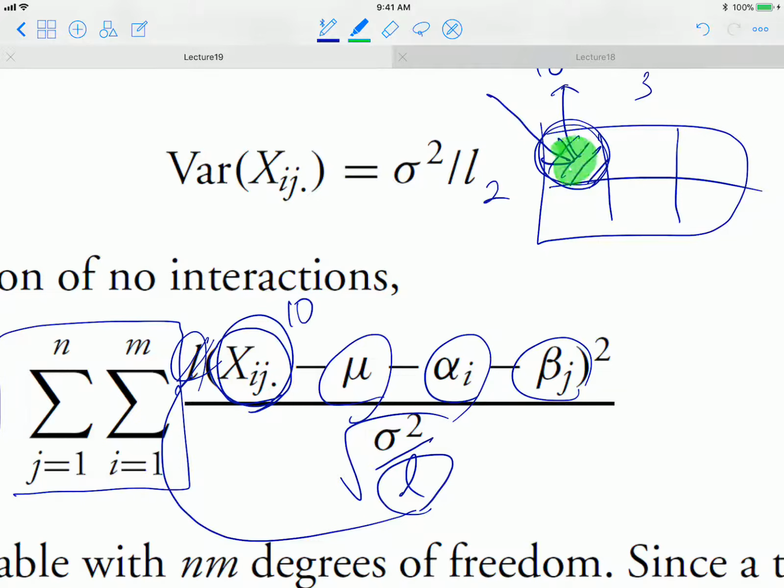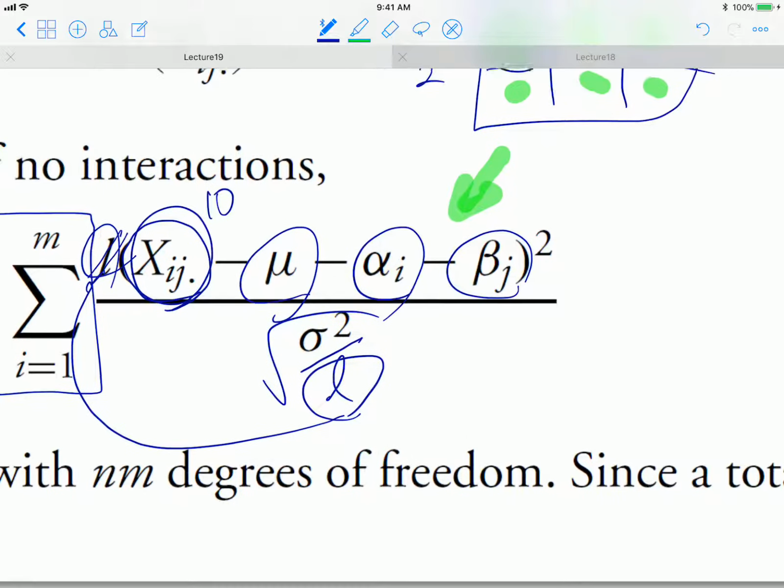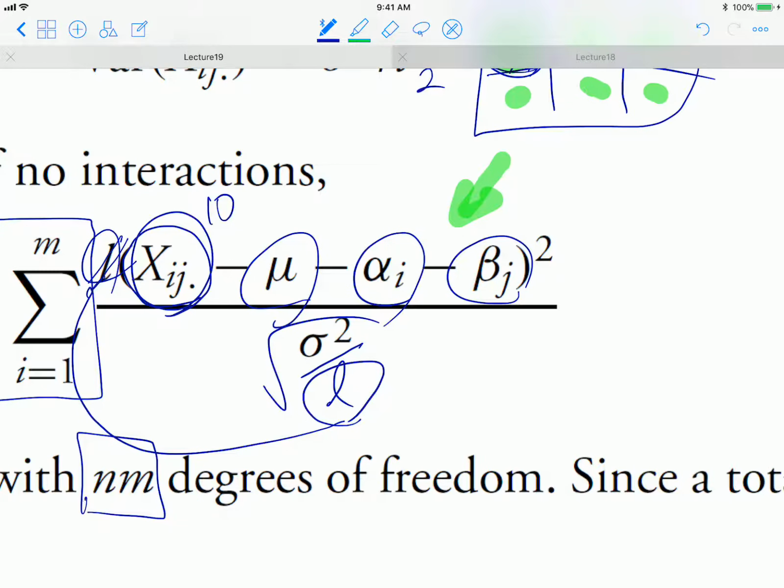So we have in total 6 different cells. And so we are considering the sample mean from each different cell. And when computing this measure, what will be the degree of freedom? Degree of freedom will be n times m, because we have 6 different cells, and we are summing up squared random variables from 6 different cells, right?